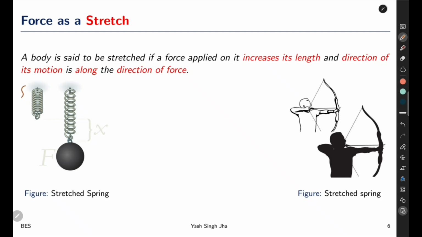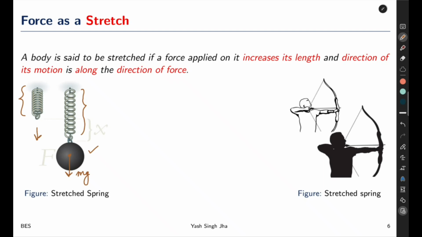If there is an unstretched string and you place a bob and let it extend, the length of the string increases, and the direction of motion is along the direction of force. The weight acts downwards and the direction of motion is along the direction of force. That is when we say that the force has caused a stretch.